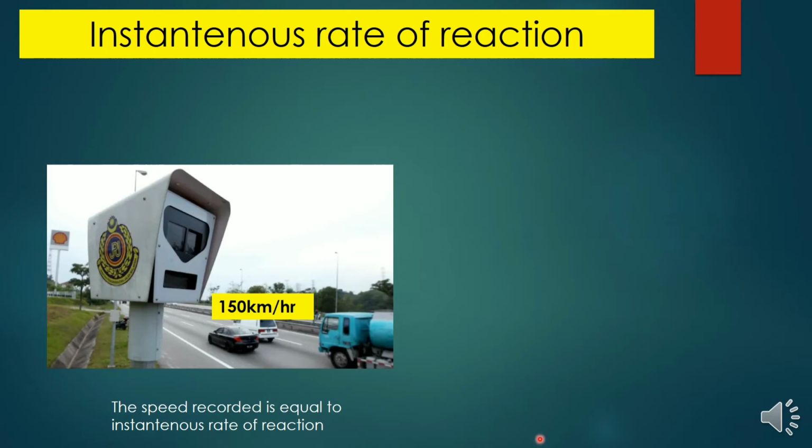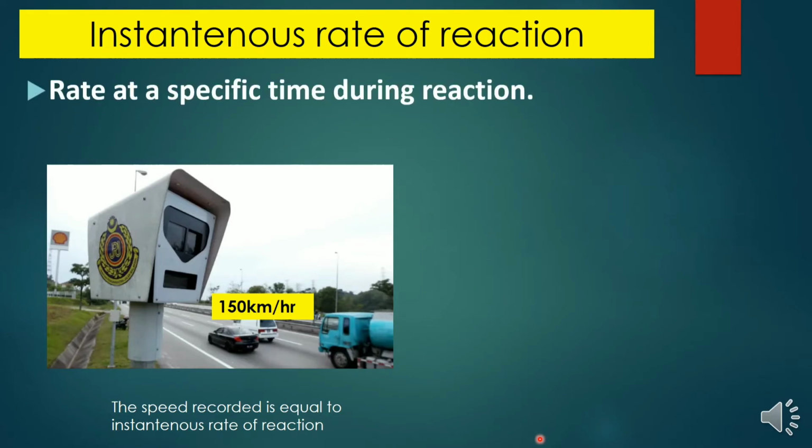And next one, instantaneous rate of reaction. So what is instantaneous rate of reaction? Instantaneous rate of reaction is the rate at a specific time during a reaction. For example, let's say there are some cars driving on the highway, and there's a speed trap installed by the police.